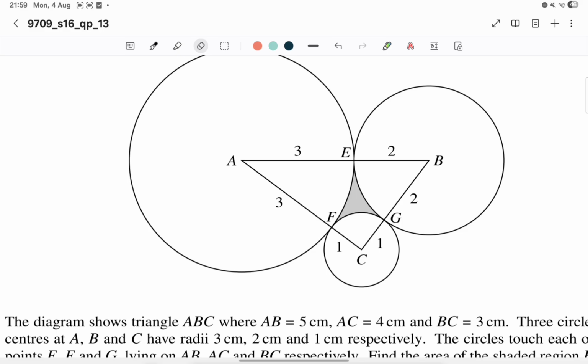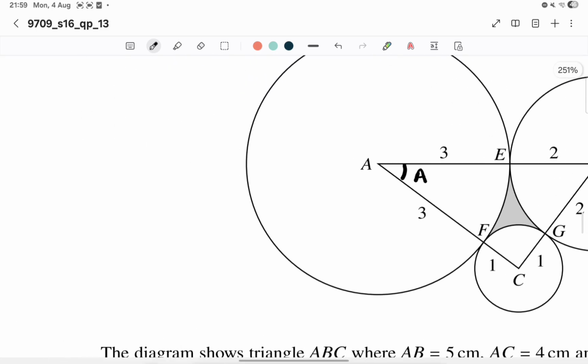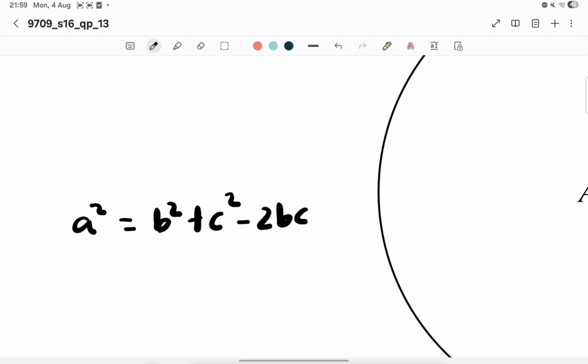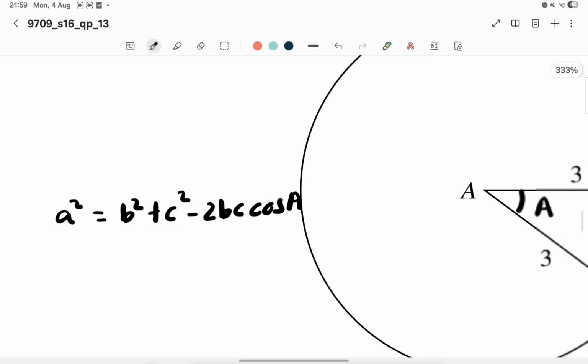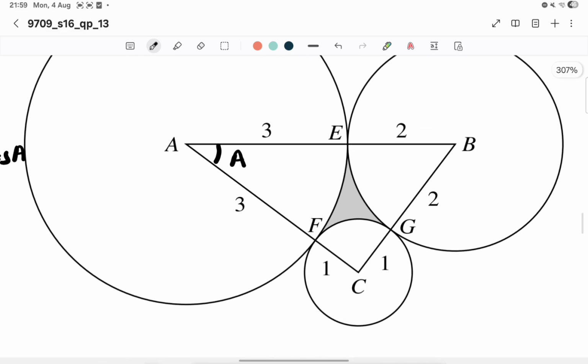As you can see, we have a triangle ABC with all sides given and none of the angles given. So we can use the cosine rule, which states, for example, if we want to get the angle at A, a squared equals b squared plus c squared minus 2bc cos A. We get these lowercase letters from naming our triangle sides.